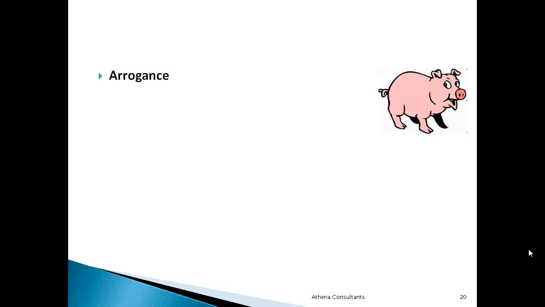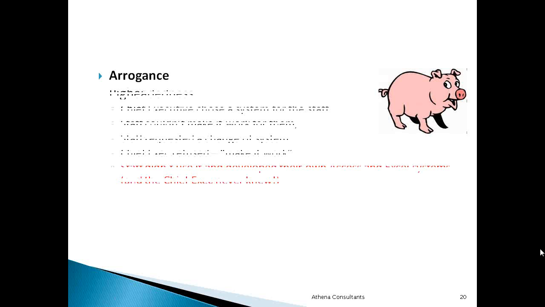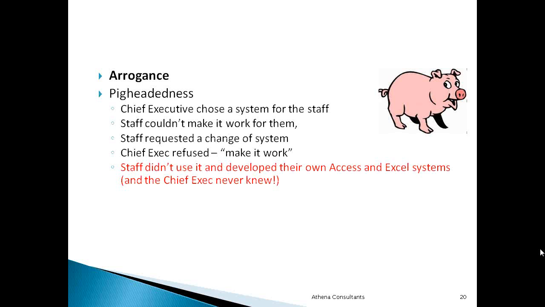Arrogance. The A stands for arrogance, and I'm afraid there's an awful lot of arrogance around. This is again related to the selection process. The chief executive who chose the system, and then when the staff tried to implement it and said, look, it just doesn't work, it doesn't do this, it doesn't do that, we don't want the system. The chief exec said, make it work, it's a good system.